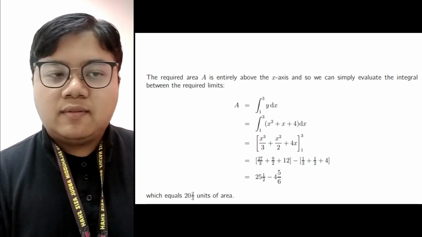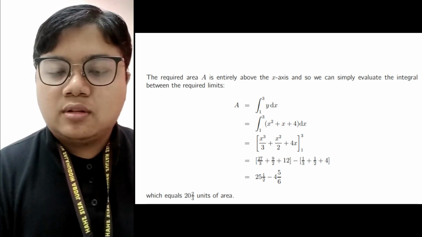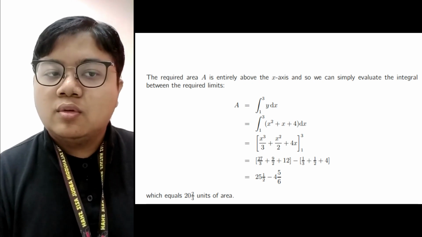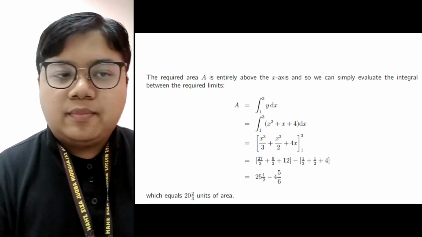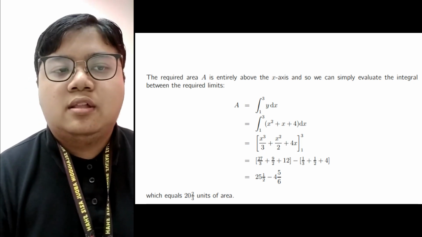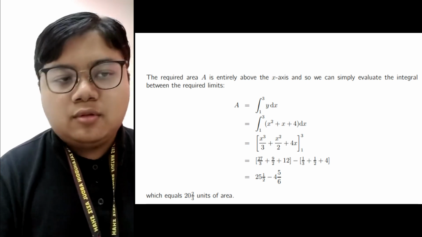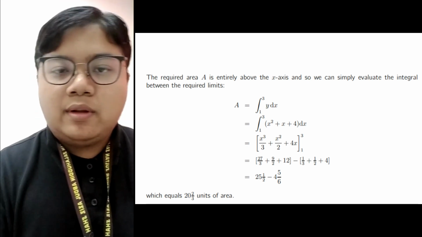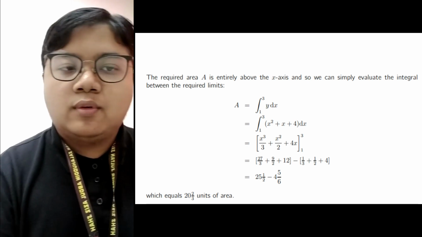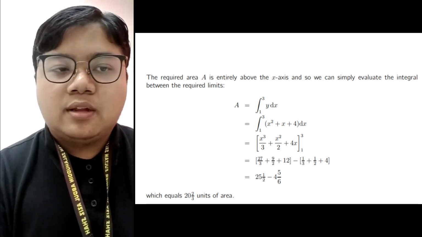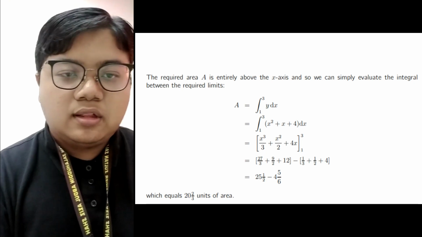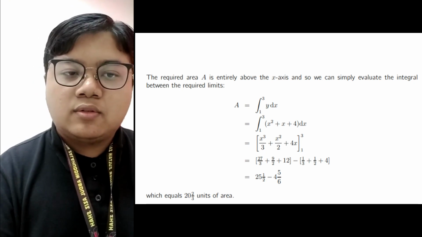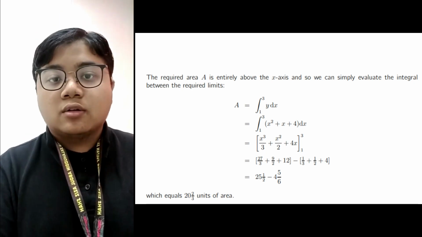So we enter the values, and it will become (27 over 3 plus 9 over 2 plus 12) minus (1 over 3 plus 1 over 2 plus 4), and then we will get 25 1/2 minus 4 5/6, which equals 20 2/3 units of area.